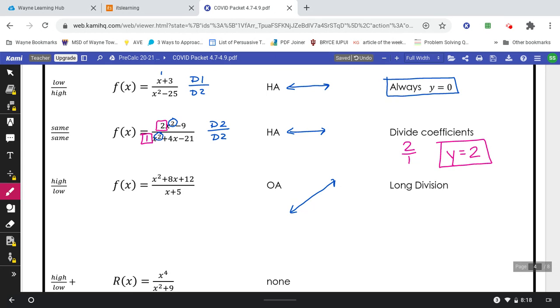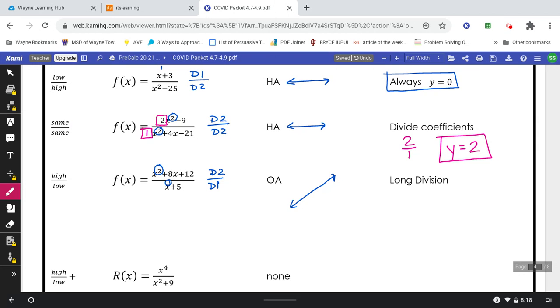The next category is what we call high over low. Here we have a high exponent, degree 2, over a lower exponent, degree 1. This is going to give us an oblique asymptote. What I need to do for this one is long division. This is the one that's going to take a little bit longer.